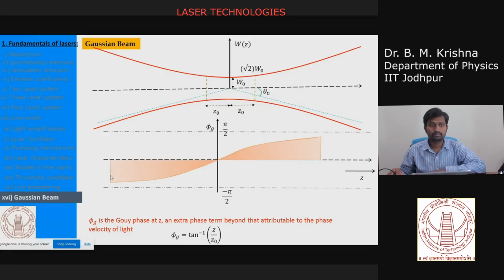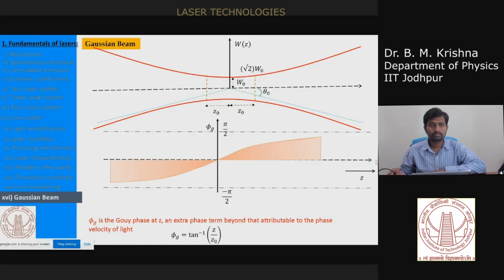Now you see, for example, this side has a minus pi/2 phase shift, right? And now you propagate through this region, over the large distances you travel, you accumulate pi/2 again here. So from minus pi/2 to pi/2, that means you have a phase shift of 180 degrees, that is a pi phase shift, from the far field on one side of the focal point to the other side. You get a pi phase shift.